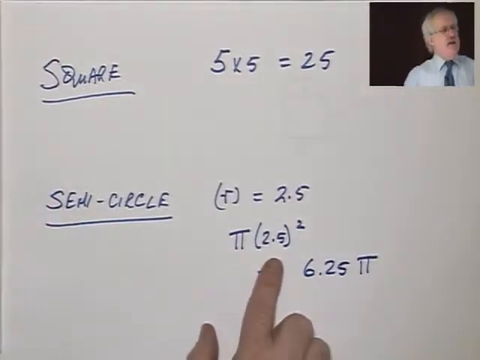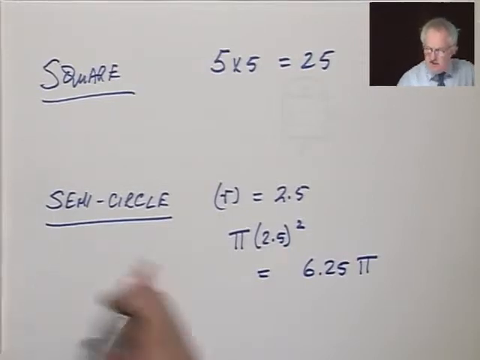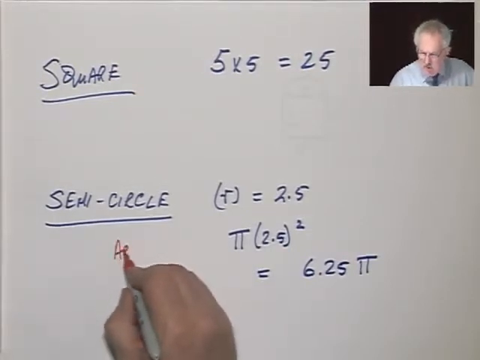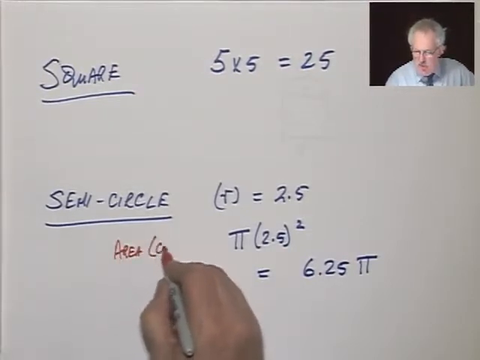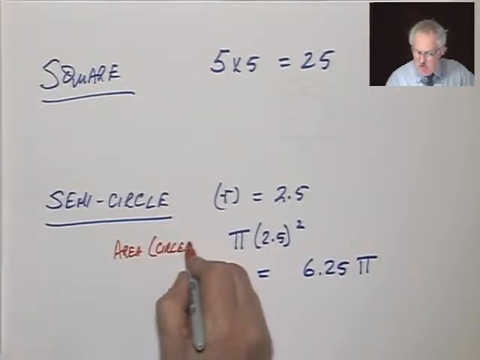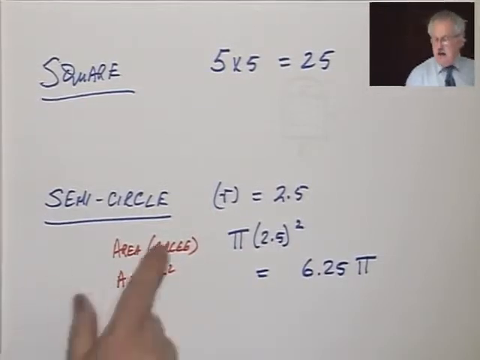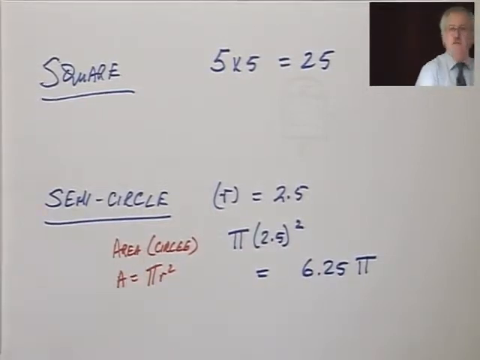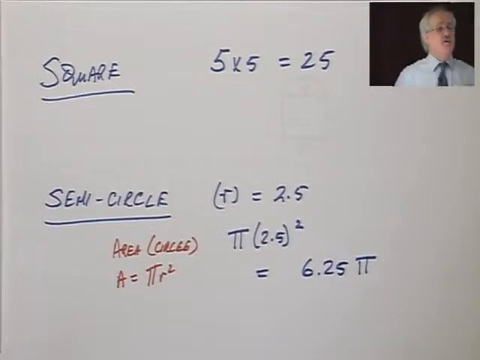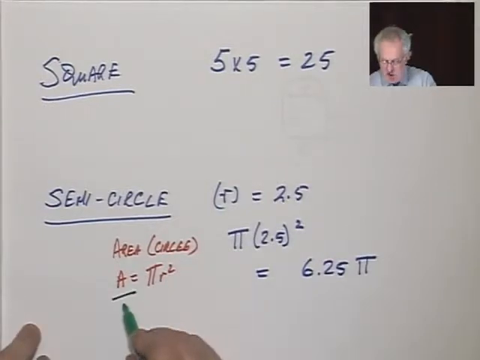But isn't that the area of a circle? Isn't it the formula for the area of a circle, pi r squared? What would the area of a semicircle be? Half that, isn't it? So we divide this by 2.